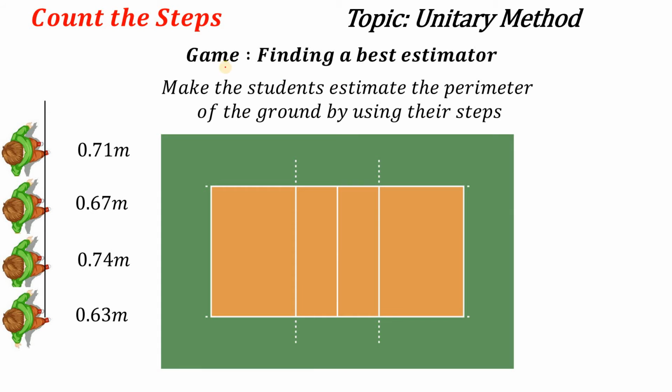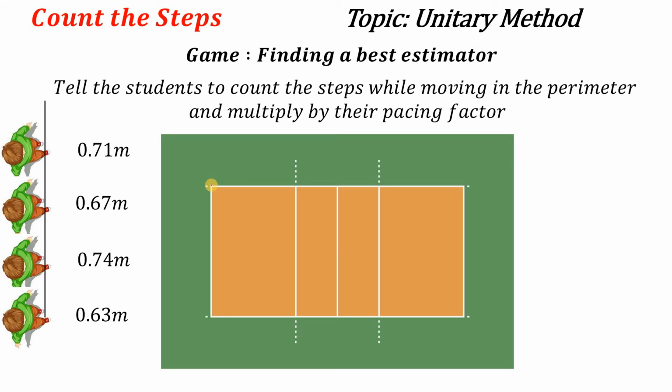Let's play a game which I call finding the best estimator. If we are teaching the students in a school, there must be some volleyball grounds or basketball grounds. So tell the students to count the steps by moving along the perimeter and multiply the total number of steps with the pacing factor.